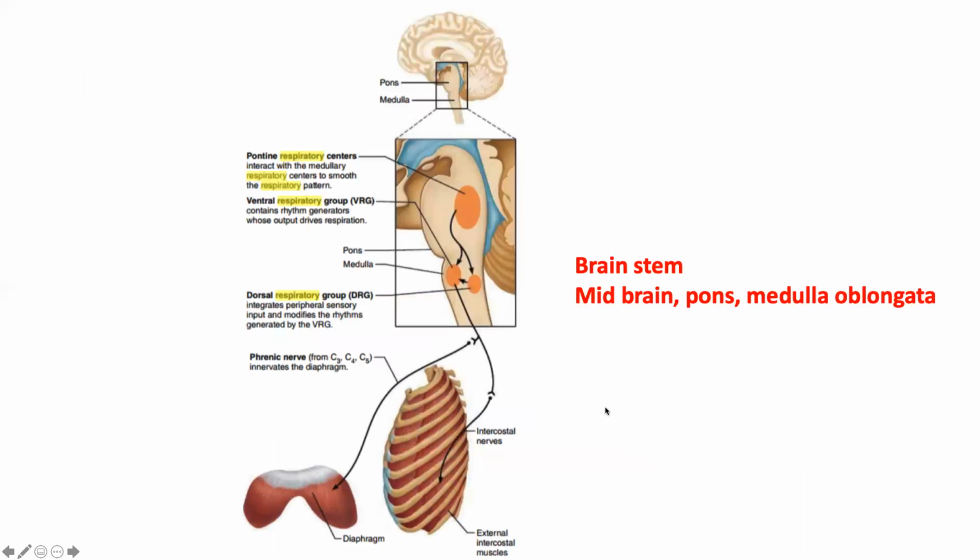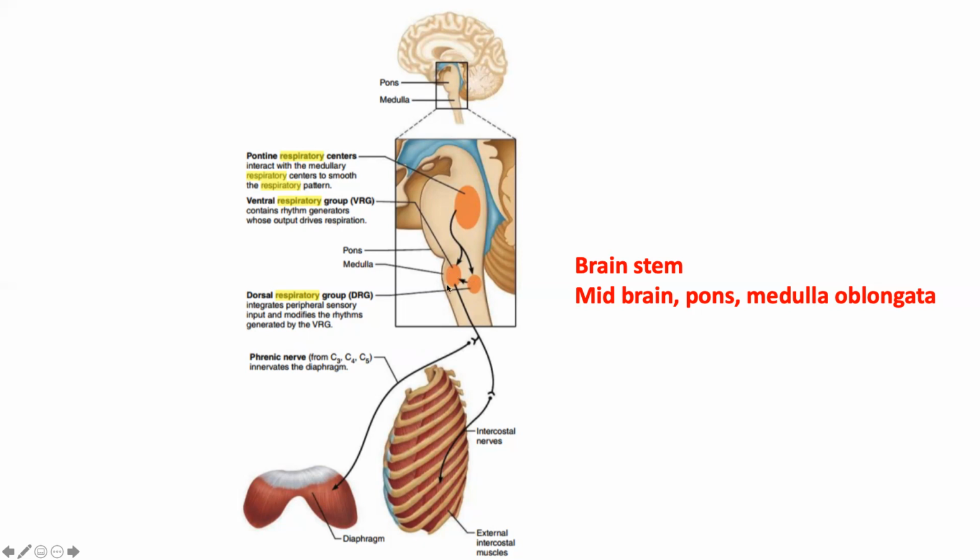So the control of the respiration comes from the ventral respiratory group here in the medulla. And we also have the pontine respiratory center in the pons, which will control the ventral respiratory group.